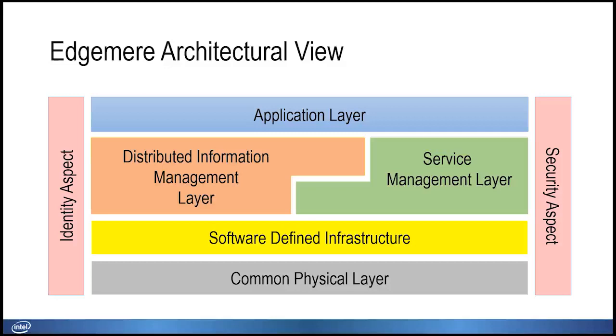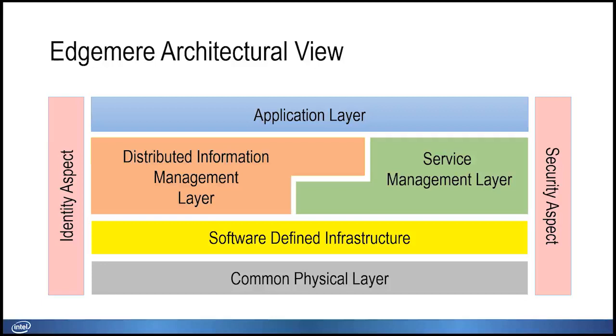We call all of this architecture together the edge mirror architecture. You can see that many of the parts already exist, and it's just how they're integrated together. The newest area here is probably that distributed information management layer, where we're starting to see some startups and some more well-established companies already building out those use cases and those architectural elements in that layer.